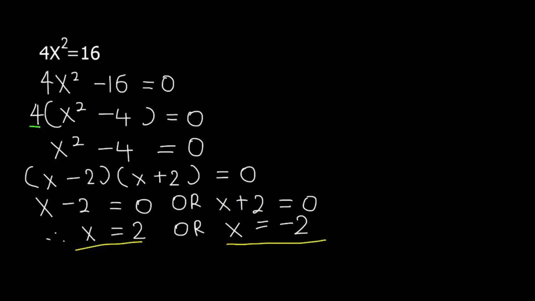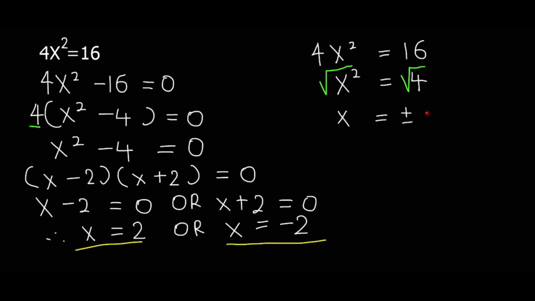But this problem we can do in two ways. We can do it in this way. Automatically divide both sides by 4, and then globally x squared is equals to 4, because 16 divided by 4 gives 4, and then from here, because we want x, we square root both sides, and then x is equals to plus or minus 2.